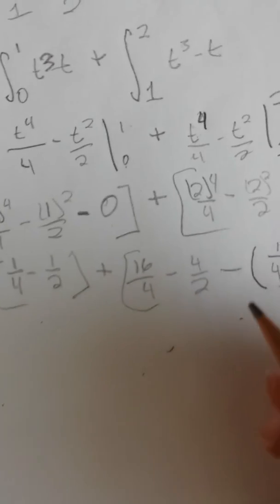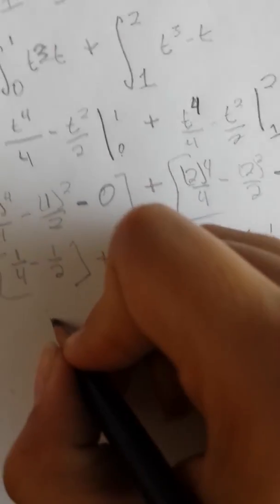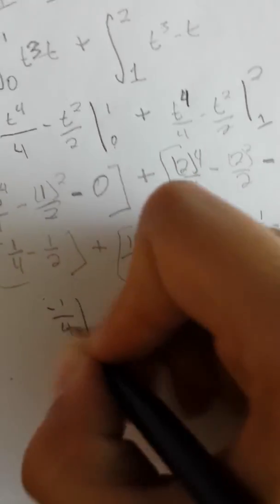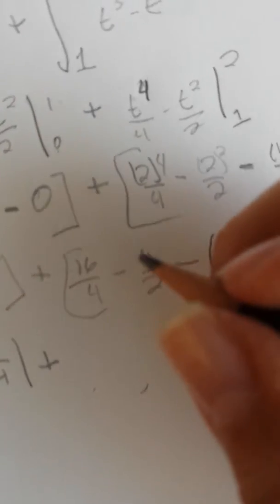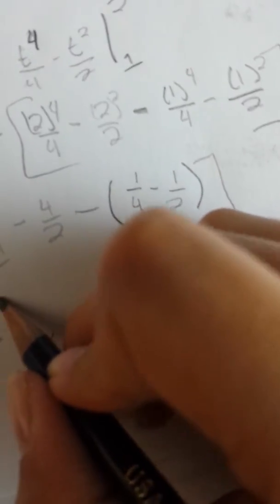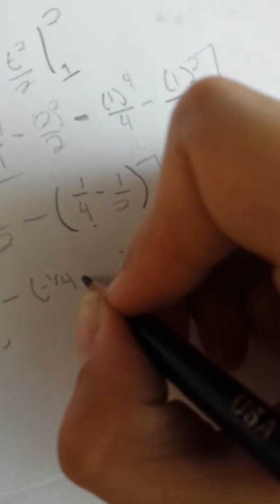This is all being added. 1/4 minus 1/2 is negative 1/4. See how you have this negative distance? You don't want a negative distance. You're trying to calculate the whole distance that the particle is traveling. Plus, you have 4 minus 2 minus negative 1/4. Yes, 1/4 minus 1/2 is negative 1/4.